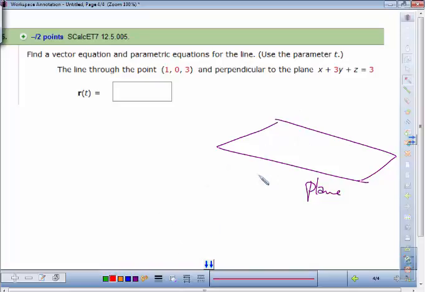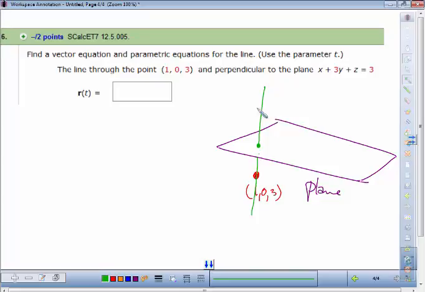Let's just say it's over here somewhere. So you essentially want a line that's perpendicular to the plane passing through that point. So you want a line that looks like that.